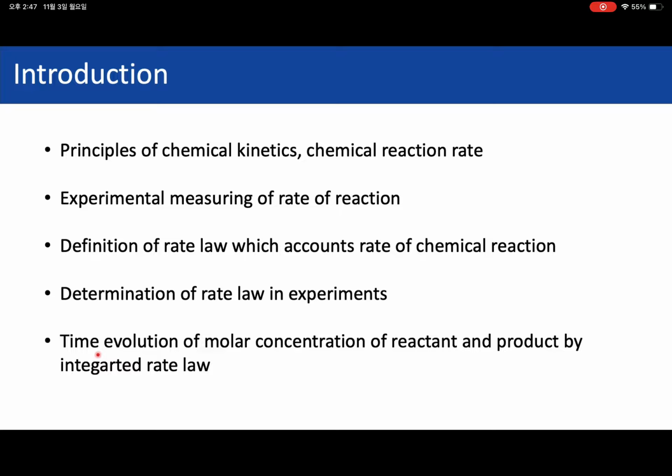So we're going to learn the time evolution of the molar concentration of reactant and product, which defines the rate of chemical reaction, by simply integrating the rate law derived from these parts.